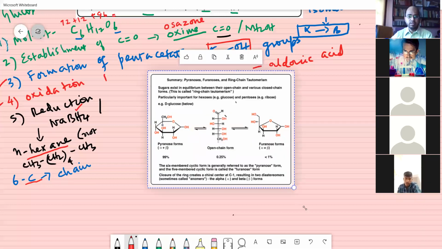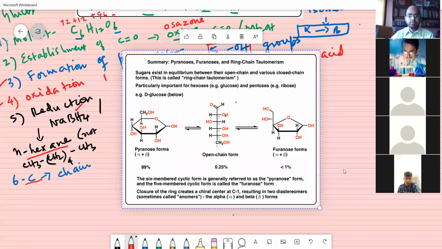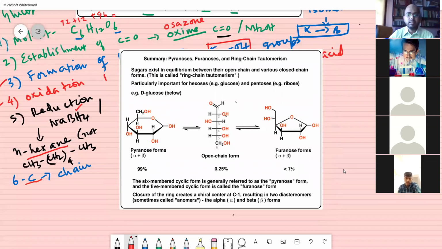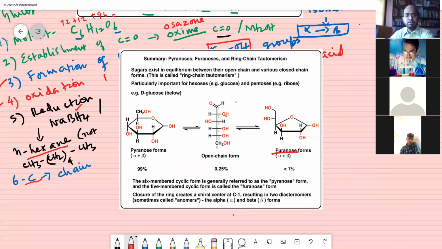This gives rise to, you can see here, the Furanose forms, how it is coming there. You've got a cyclic structure, Pyranose form. It goes through the open chain form, and then you get a Furanose form.